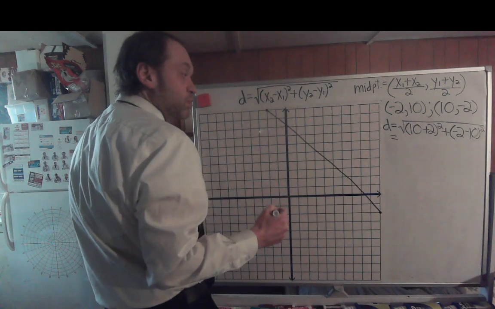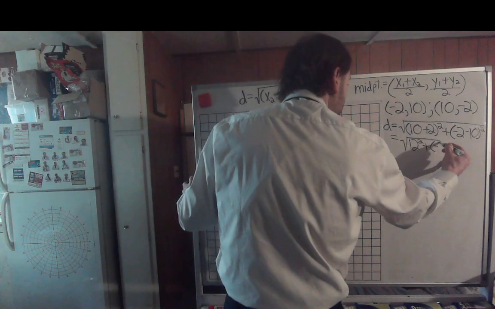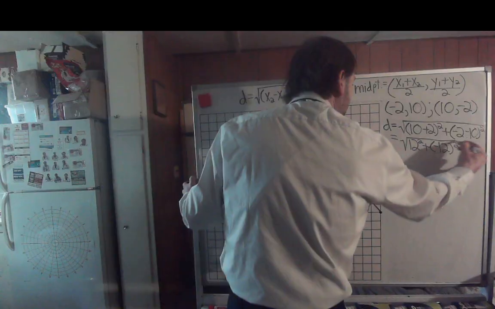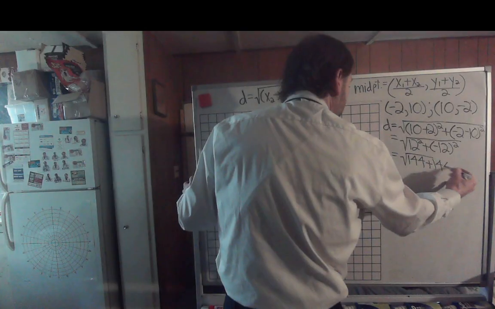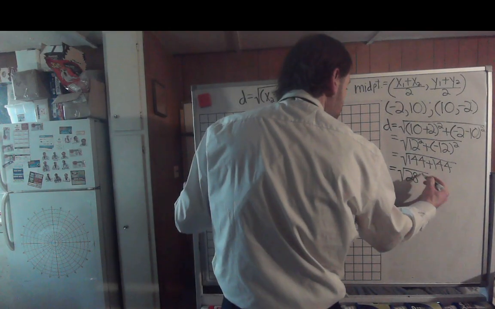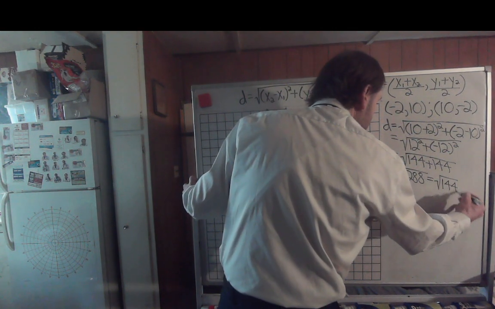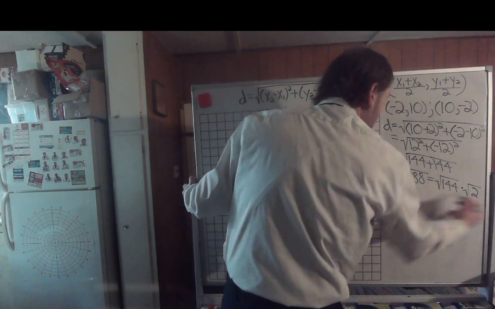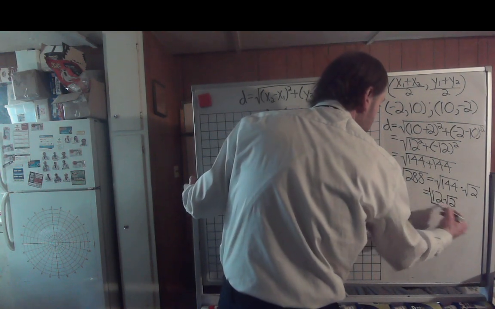So that's going to equal, of course, the square root of 12 squared plus negative 12 squared, which would end up giving me the square root of 144 plus 144, which would be equal to the square root of 288, which is best broken down into the square root of 144 times the square root of 2, which means my distance is 12 times the square root of 2 units.